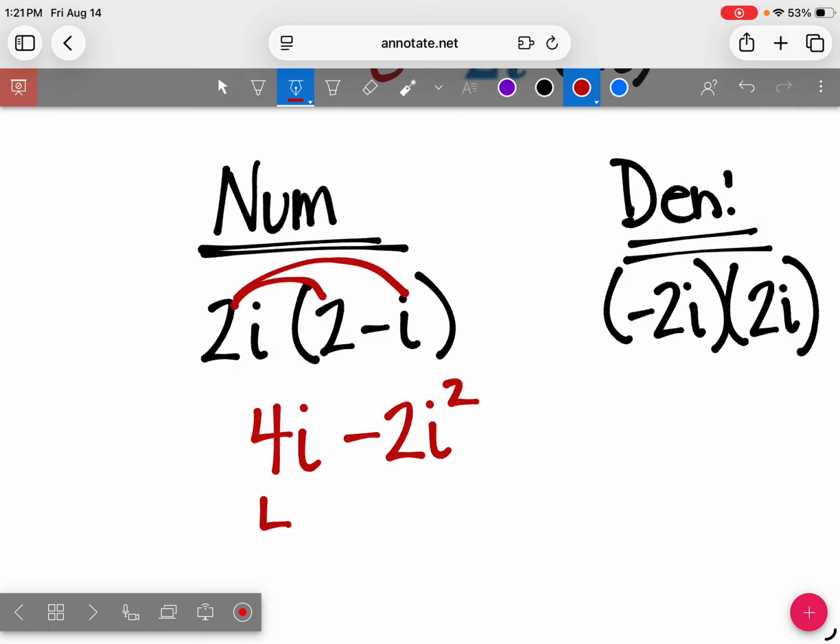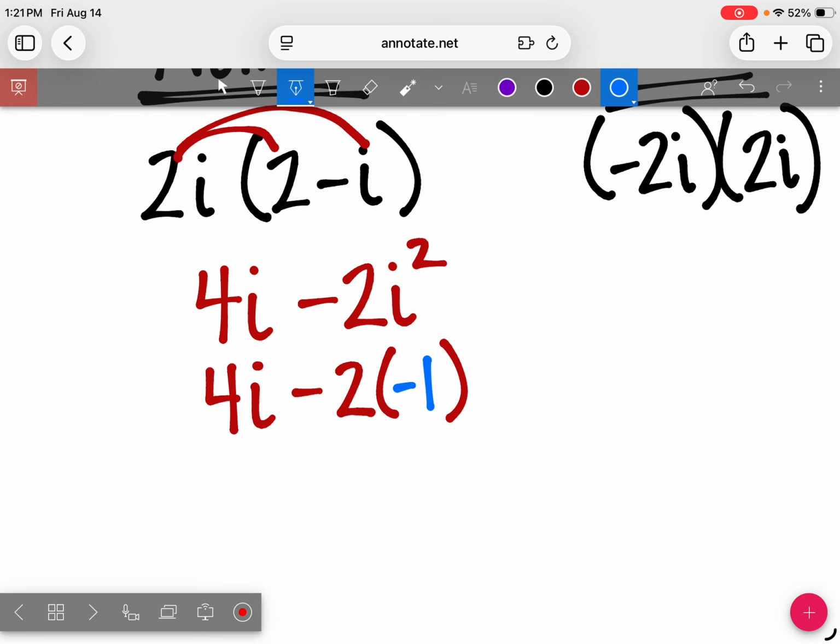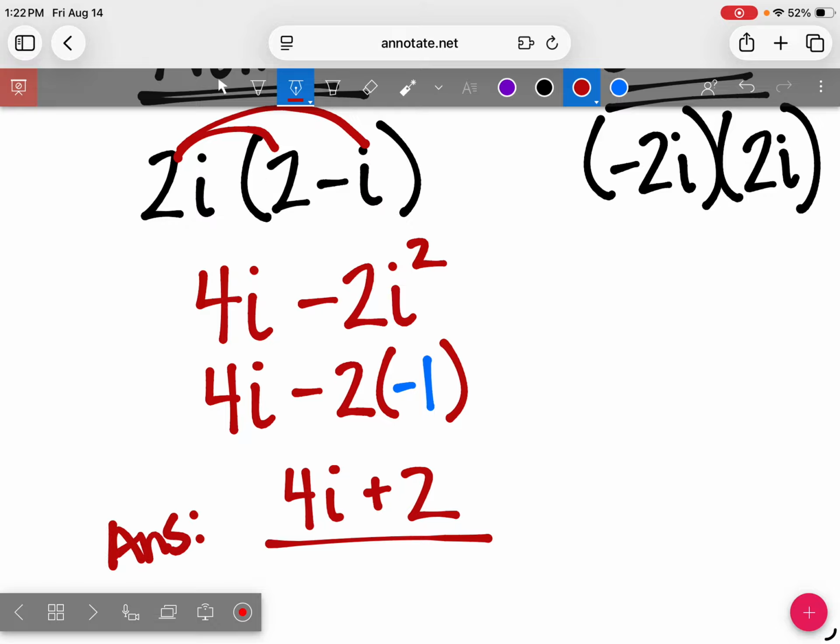But we cannot leave it that way. So i squared is really a negative 1. So what do we get? 4i minus 2 plus 2. So this is the numerator. I'm working on my answer.